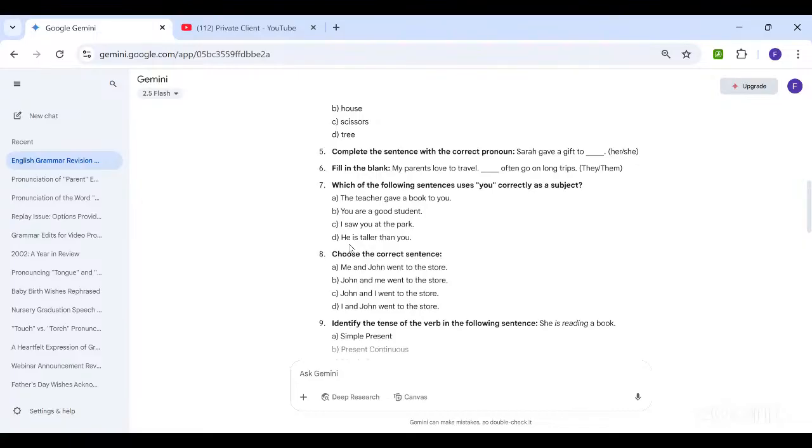Number 7, which of the following sentences uses you correctly as a subject? Pay attention to that. Uses you correctly as a subject, not as an object. The teacher gave a book to you. You are a good student. I saw you at the park.